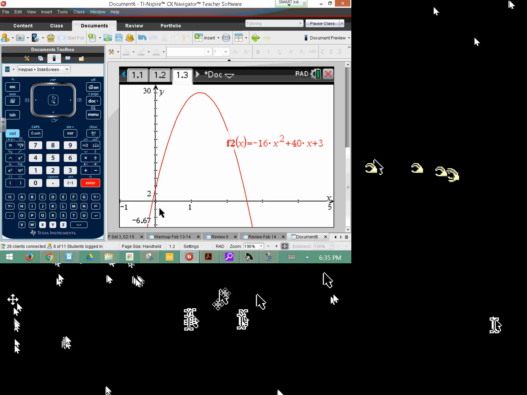All right, so all we need to do is use graph trace on this. When is the football 20 feet up in the air? We know it's 30-something feet up in the air past 1 second, so that kind of gives us an idea. But let's do graph trace.